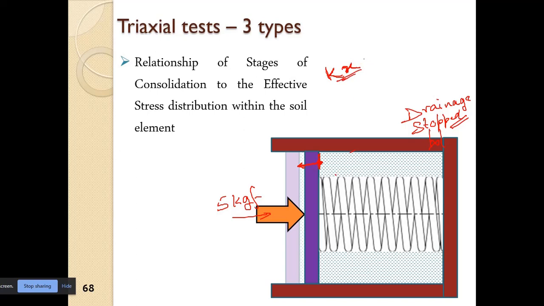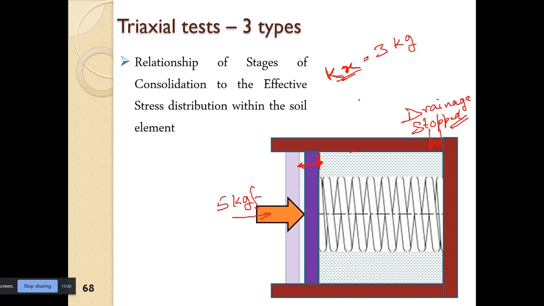Suppose x is such that k into x is equal to 3 kg.